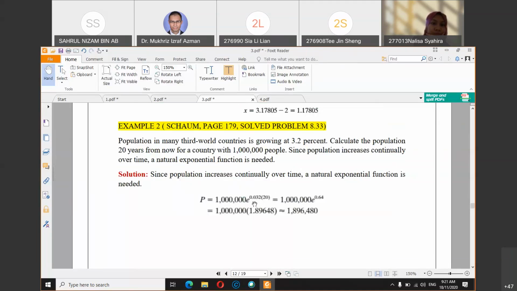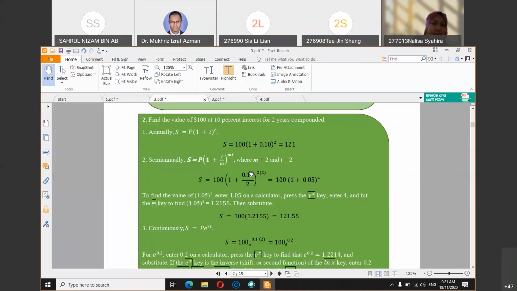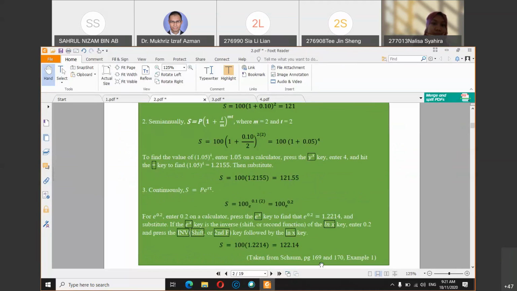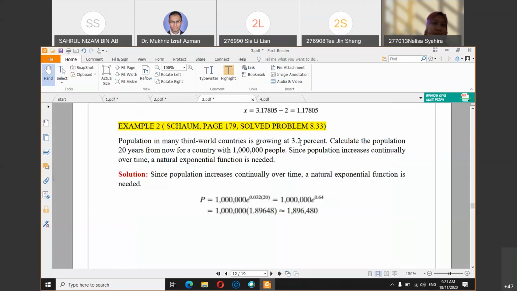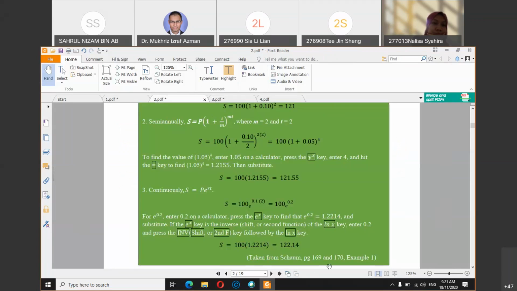If you copy and paste, this is what the Schaum's textbook gave you, because this is also from Schaum's. They had given the raw formula in the previous page, so in this one they don't bother to show it again, since it was already shown on page 169, 170, I believe.